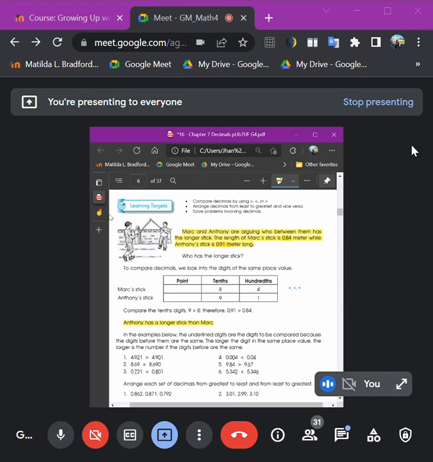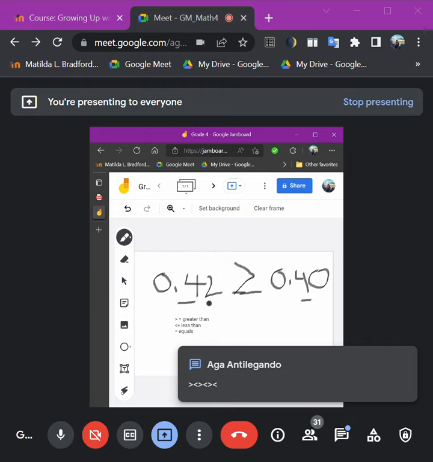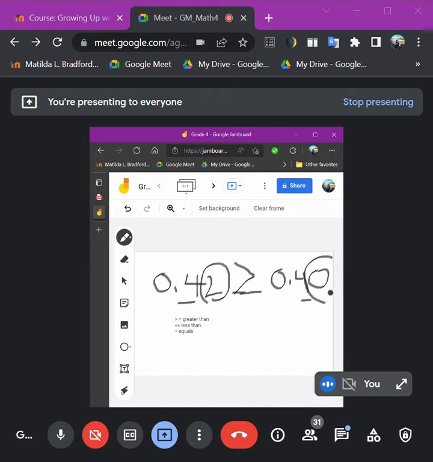The same with our example in Jamboard. Since they have the same value in the tenths place, which is 4, you're going to proceed with your hundredths place, then see which is bigger. That is how you compare your decimals. Now, do you have any questions with this?